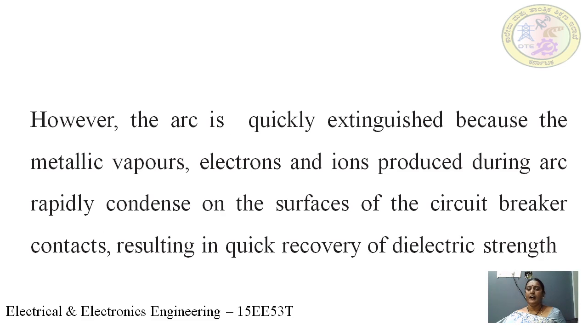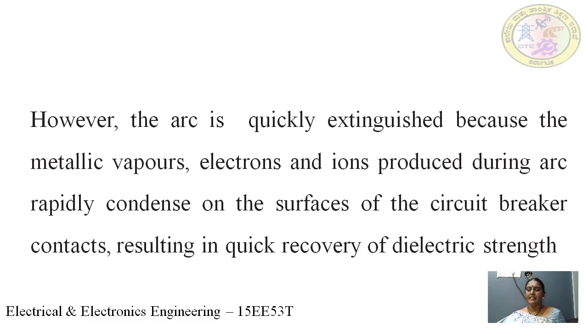However, the arc is quickly extinguished because the metallic vapors, electrons and ions produced during the arc rapidly condense on the surface of the circuit breaker contacts, resulting in a quick recovery of dielectric strength.